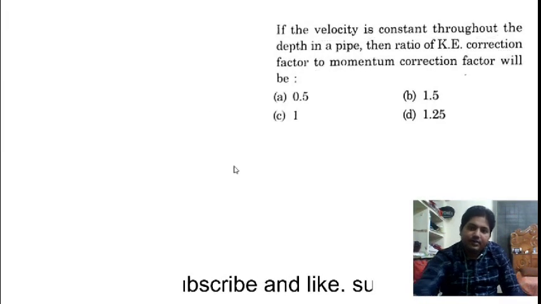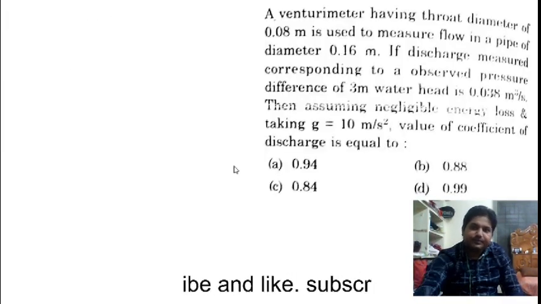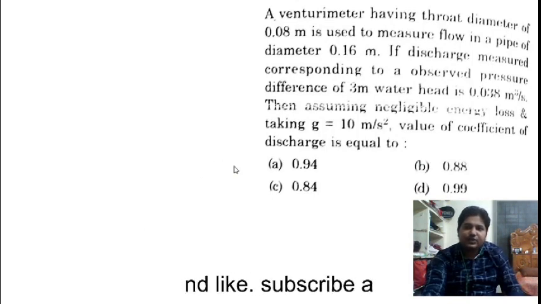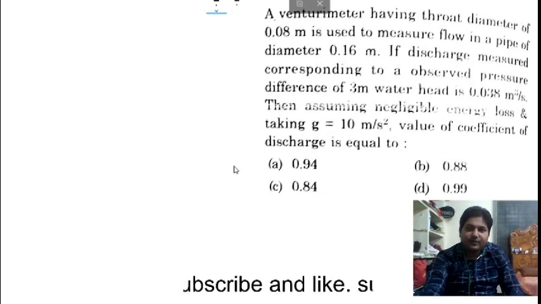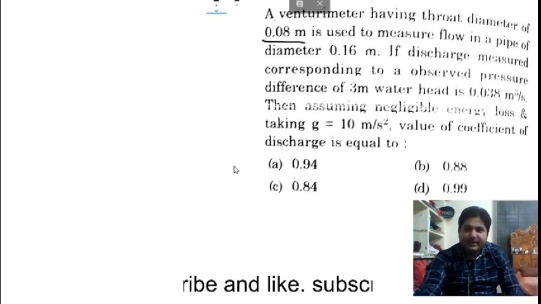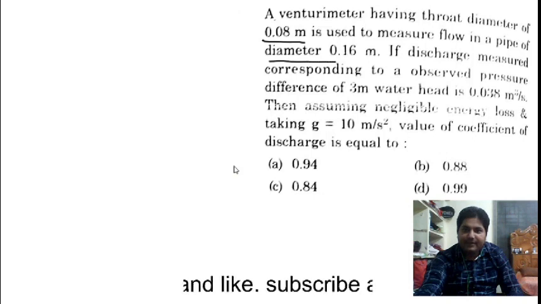We will go to the next question. A venturimeter having a throat diameter of 0.08 meter measures the flow in a pipe of diameter 0.16 meter.